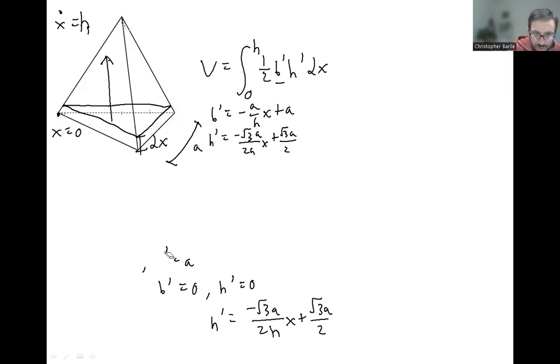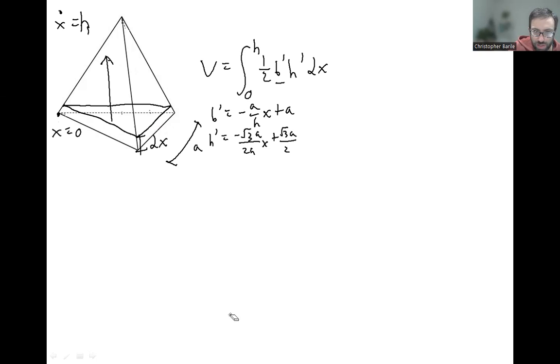Remember, we're all in terms of a generic tetrahedron here, the generic H. That's what we're doing first, and then we'll go to the regular tetrahedron. All right, so let's plug this in now.